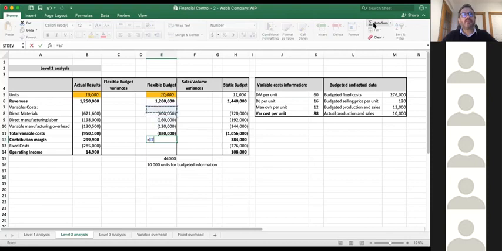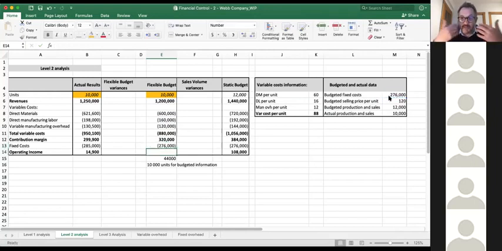Contribution margin is revenues minus total variable cost, so it's 320. And for the fixed cost, sometimes people make the mistake here to take the actual fixed cost. Fixed cost is the same as in the budget, right? Because we recalculate the budget with 10,000 units. So we should have 276 in that case as well.